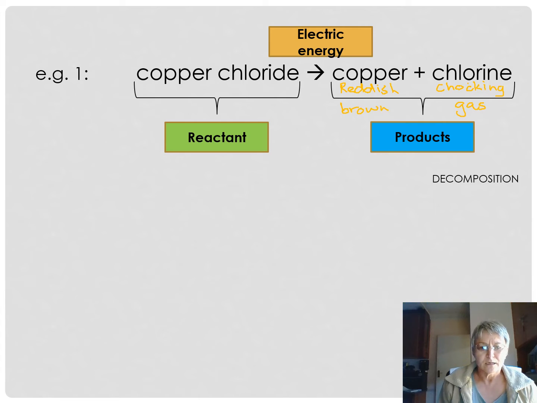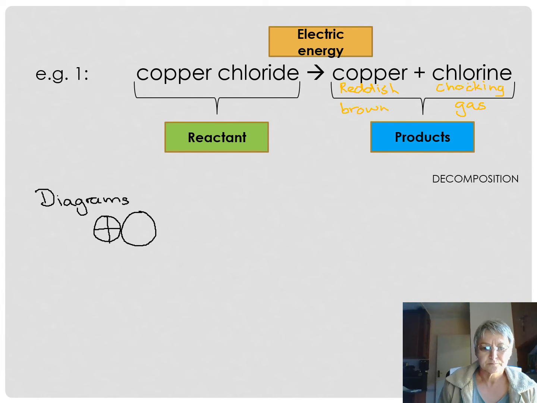Now, this is one way of representing the reaction. The other way is with diagrams. Now, you don't know it yet, most probably, but copper is a metal, and I will represent it like this, and it clings to two chlorine atoms. So I'm going to represent the chlorine atoms like this.